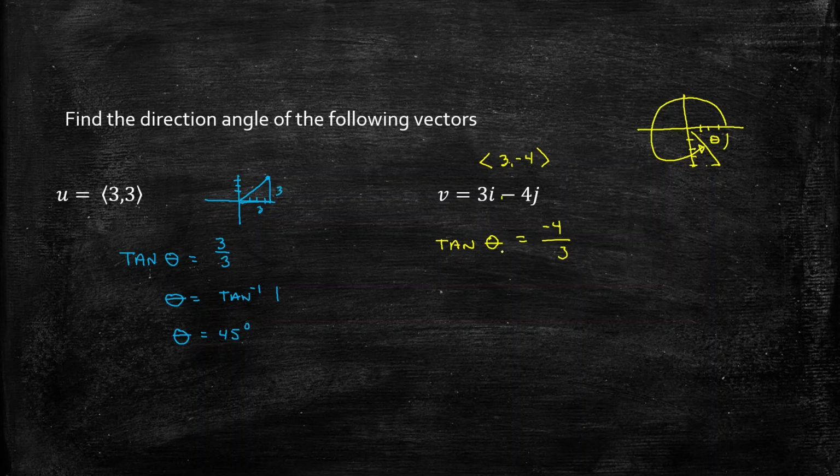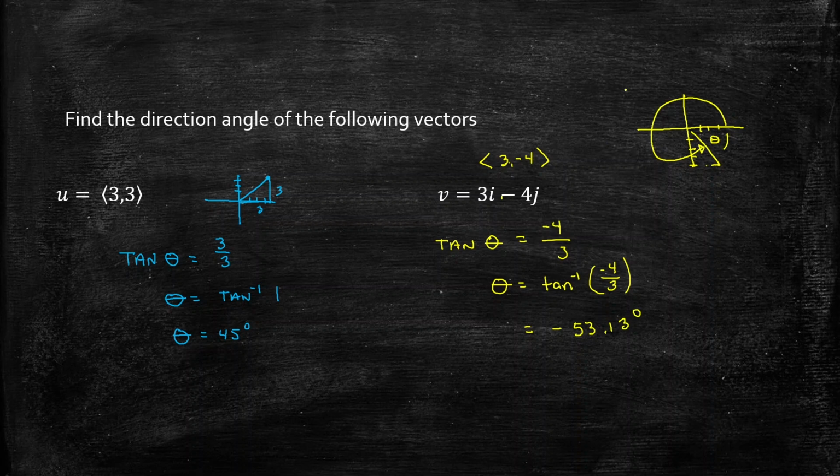So tangent of theta equals negative 4 over 3. So theta then is arctan of negative 4 over 3, which equals negative 53.13 degrees.